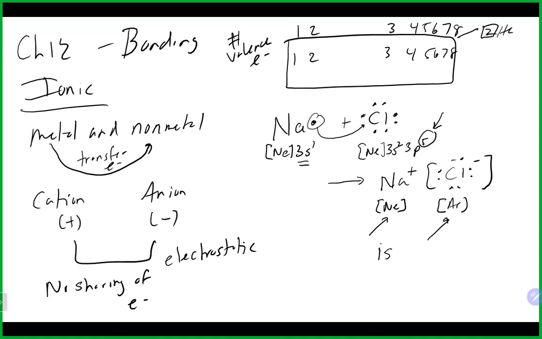They are isoelectronic, which means they have the same electron configuration as noble gases. And that's because noble gases are really stable. So the goal for covalent bonding and ionic bonding is for everybody to achieve noble gas configuration. Any questions on that there? Now, we talked about covalent bonding.